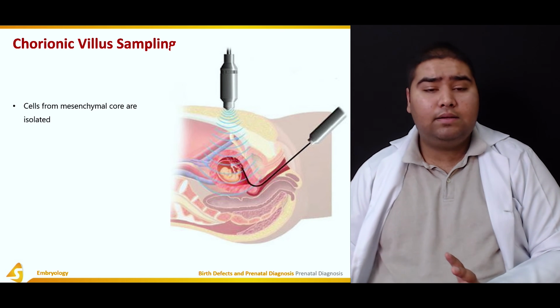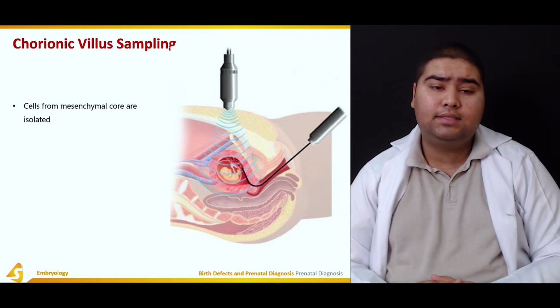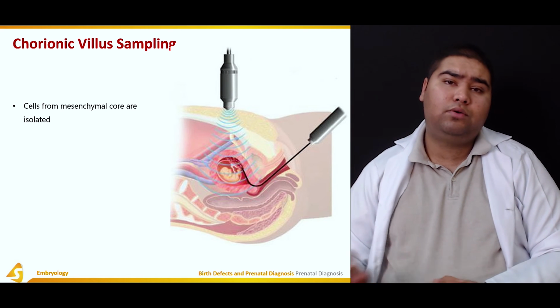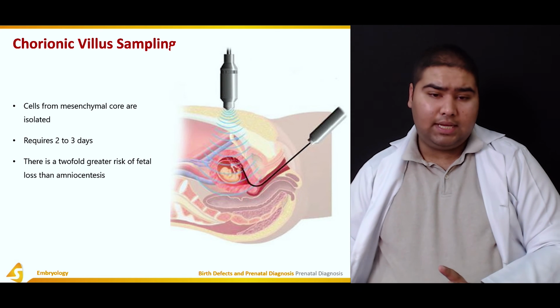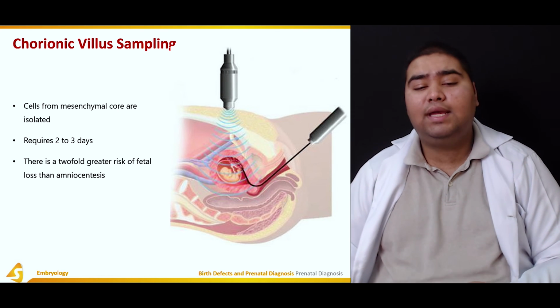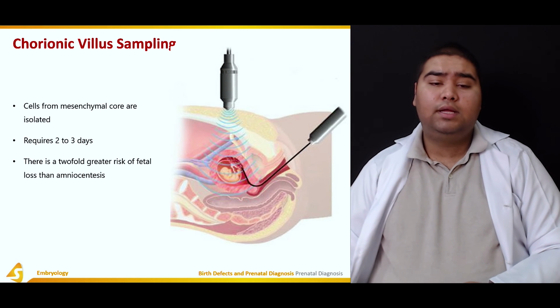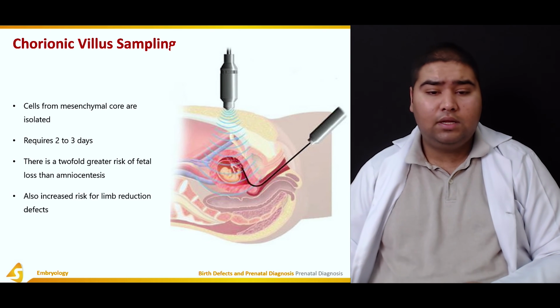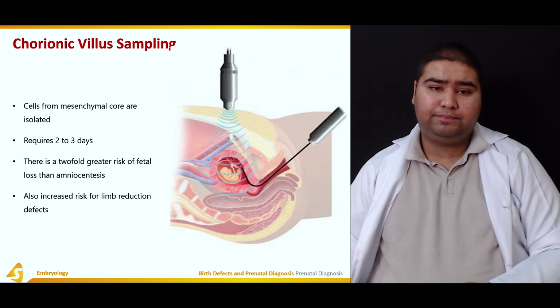So, in order to form a correct diagnosis, cells from the mesenchymal core are isolated. It requires 2 to 3 days. However, with this technique, there is a twofold increase of fetal loss as compared to amniocentesis. There is also a risk of limb reduction defects.